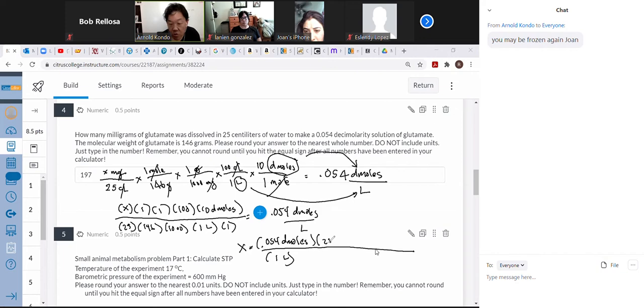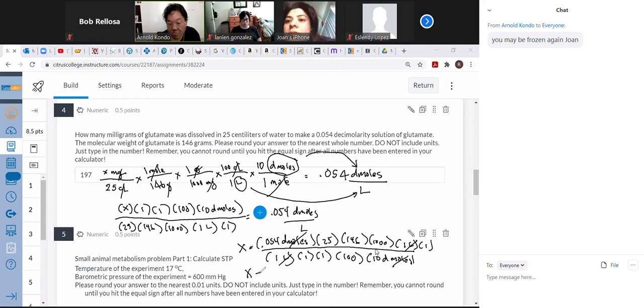So it'd just be 25 times 146 times 1,000 times 1 liter times 1. And that's important because now the liters cancel out. And over here, divided by 1, divided by 1, divided by 100, divided by 10 decimals. And the nice thing is decimals cancel. And then you just punch in all the numbers into your calculator.